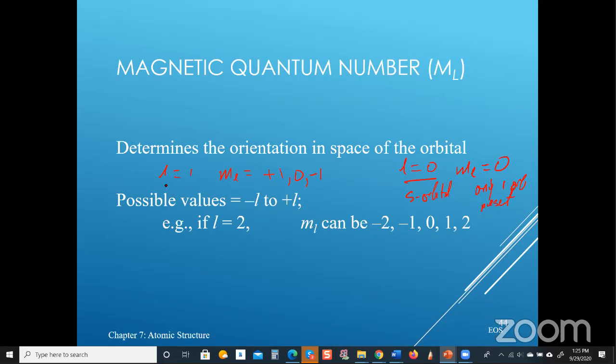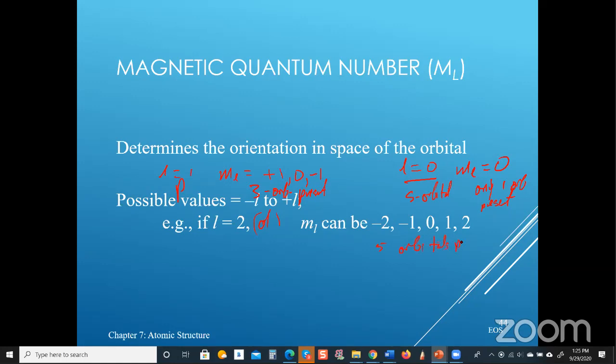In the case of L equals 1, which represents the P sublevel, there are 3 orbitals present. And in the case of L equals 2, which represents the D sublevel, there are 5 orbitals present, all right?